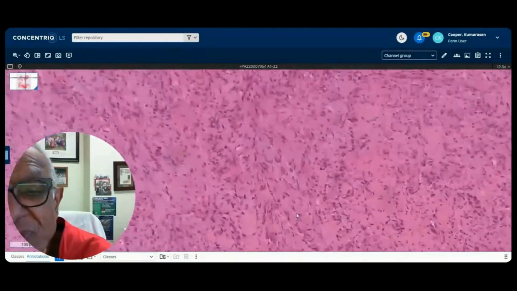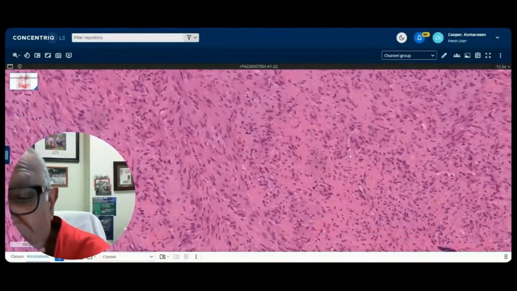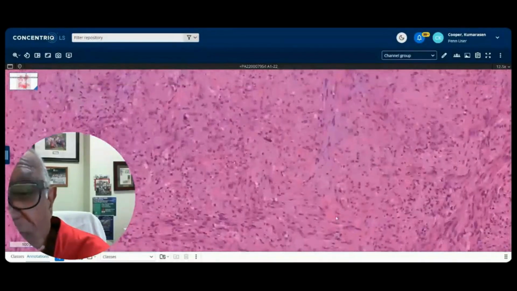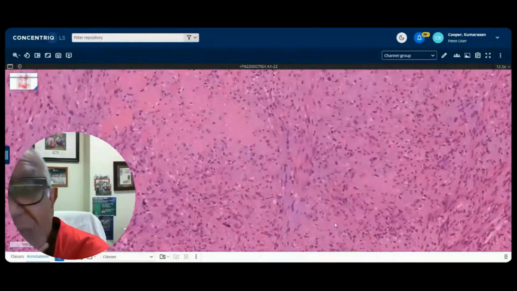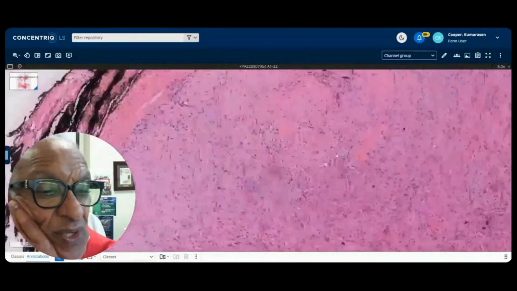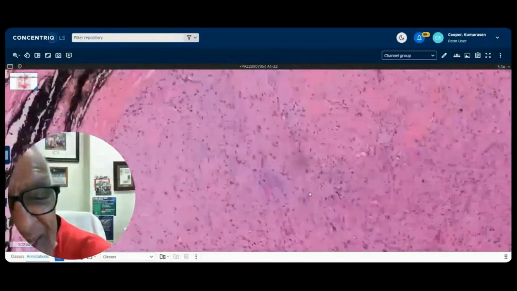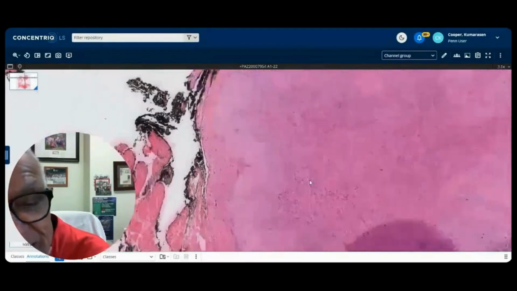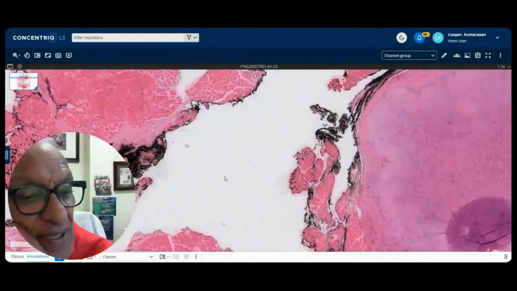There's a spindled myxoid stroma, some mononuclear cells. Any other thoughts? Like I said, he noticed it a few months ago, but it's been decreasing in size in the last month or two.